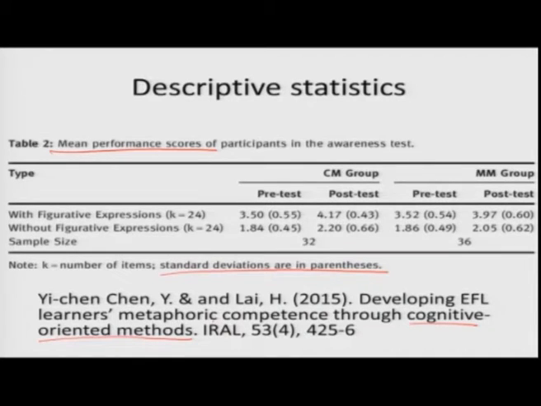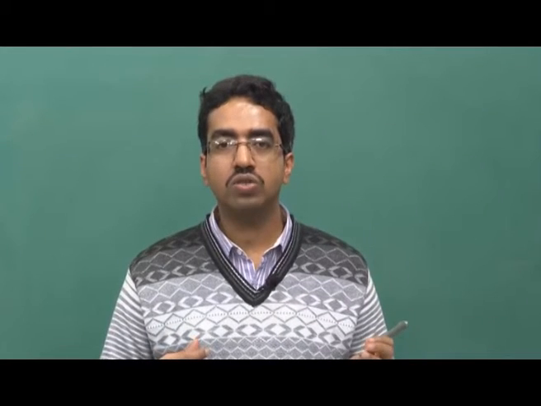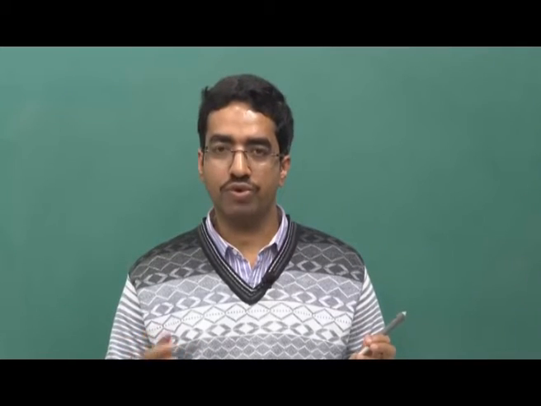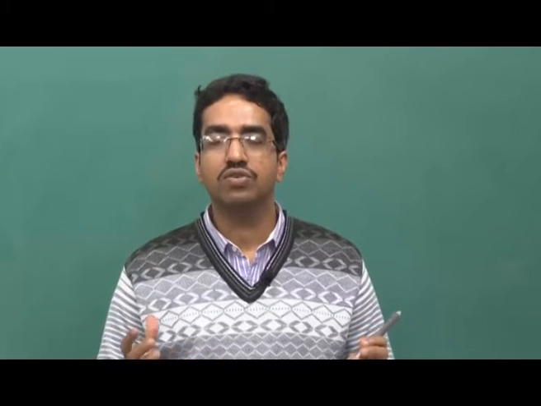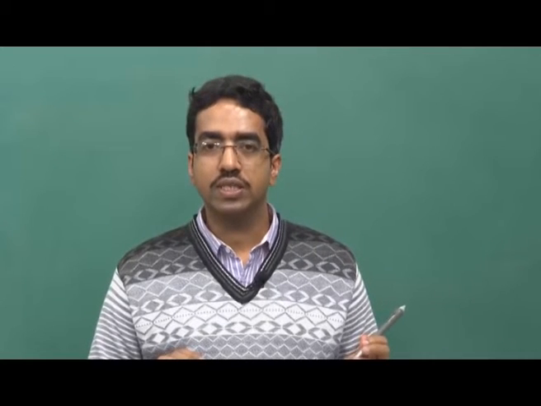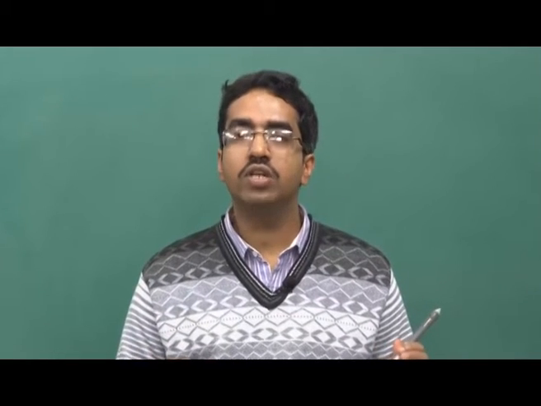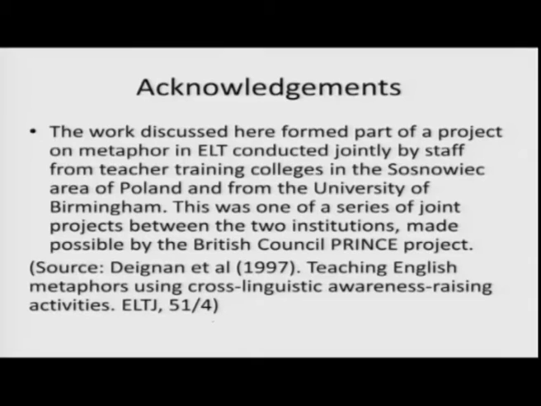A detailed discussion on descriptive stats and inferential stats is beyond the scope of this course, but you can refer to any simple statistics book and you get more details. The point is you include these details under your results and discussion section.